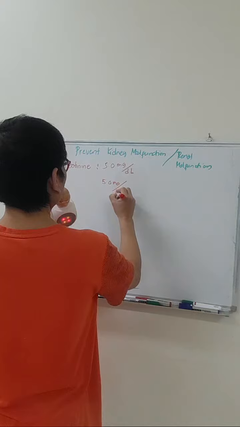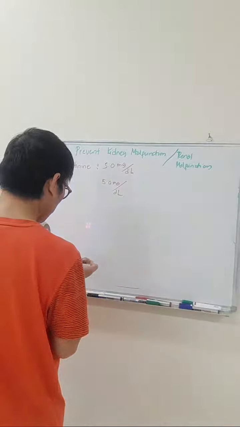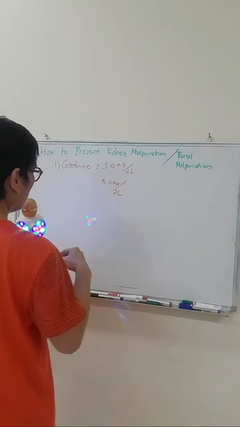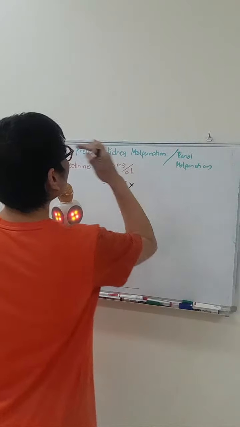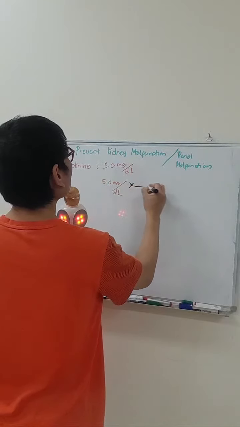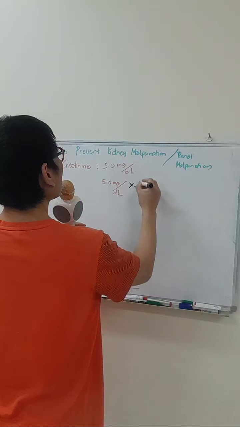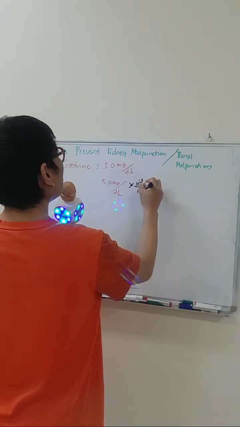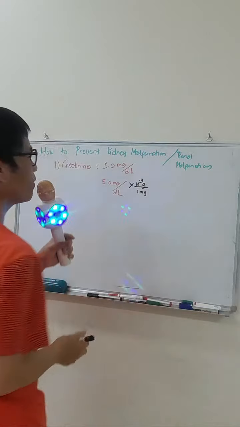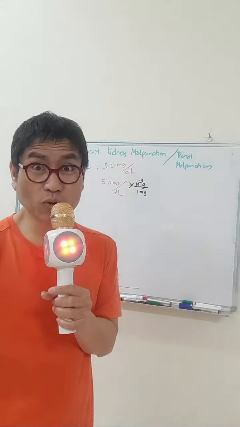Now, 5 milligrams per deciliter. One milligram is equal to 10 to the negative 3 gram, just like milliliters.